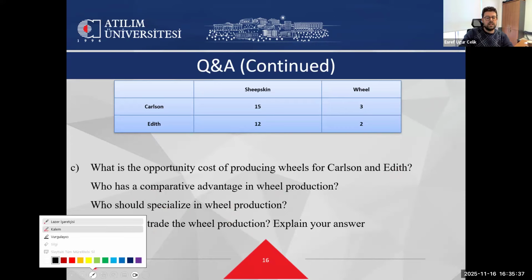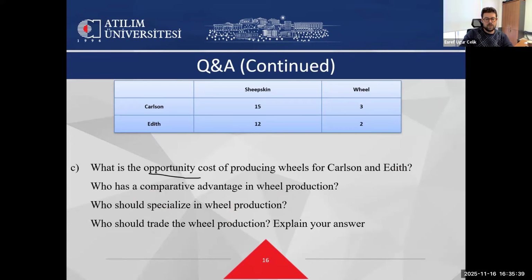I give the formula of opportunity cost. Opportunity cost formula is give up divided by get. We have two goods, sheepskin and wool.